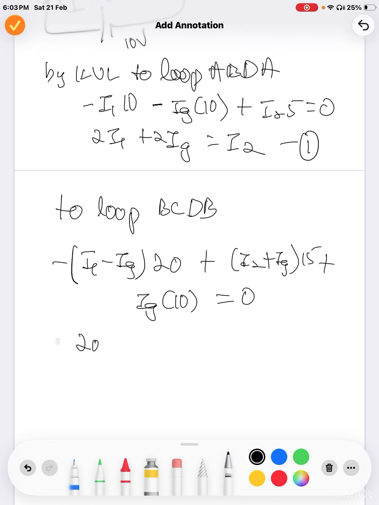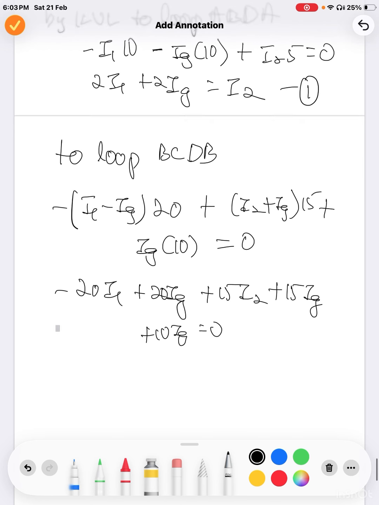minus 20 I1 plus 20 Ig, plus 15 I2 and 15 Ig, and plus 10 Ig equal to 0. 10 Ig, 15, 25, 25 plus 20, 45 Ig, so plus 45 Ig.